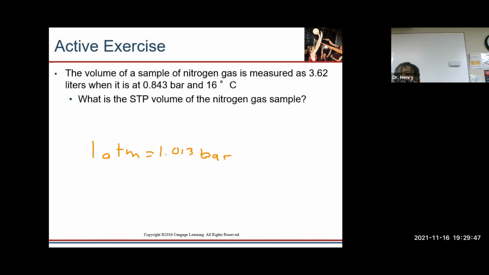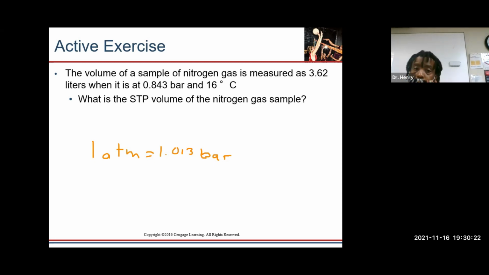So the volume of a sample of nitrogen gas is measured as 3.62 liters when it's at 0.843 bars and 16 degrees Celsius. What is the STP volume of nitrogen gas? Okay, well, let's figure out what we have, right?